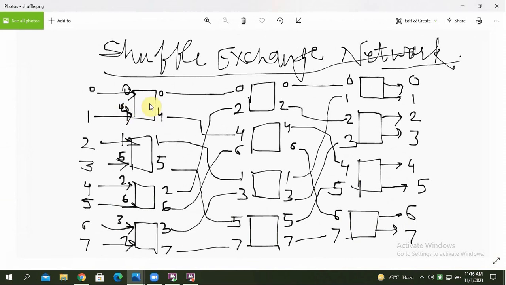Similarly here we write as it is. And this is our recirculating network, 0, 4, 2, 6, 1, 3, 5, 7, 0 to 7. Connect 4 with 4, 1 with 1, 5 with 5, 2 with 2, 6 with 6, 3 with 3 and 7 with 7. Similarly connect here also, and here you have 0 to 7.